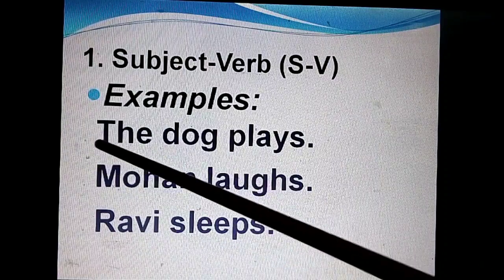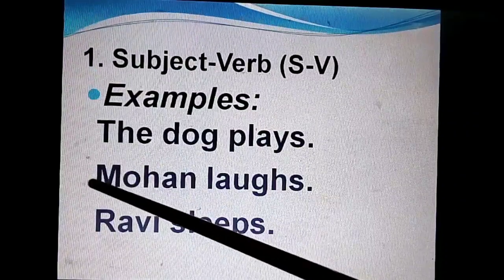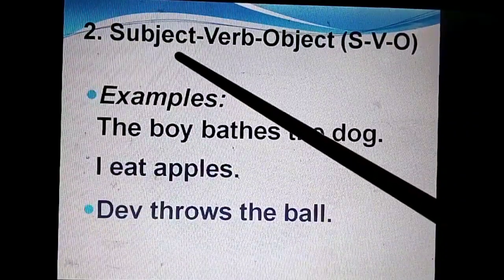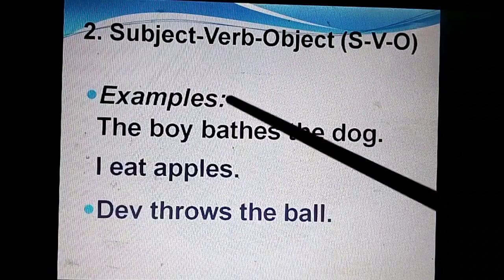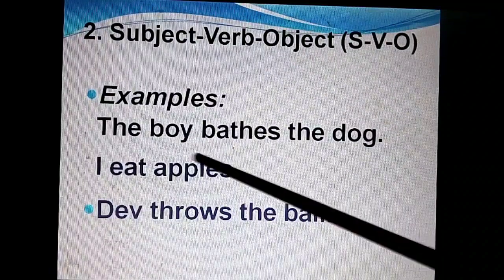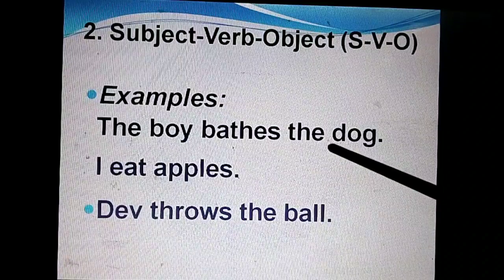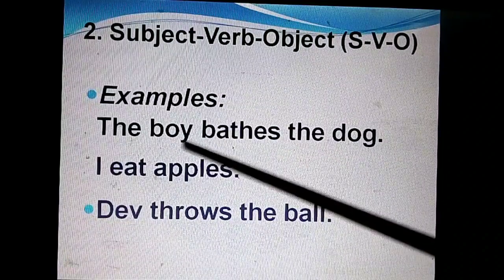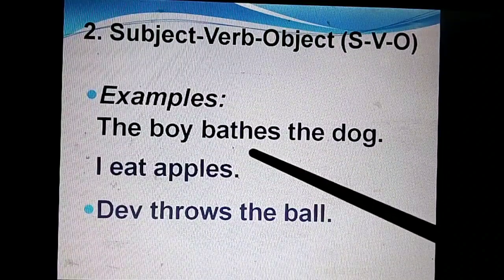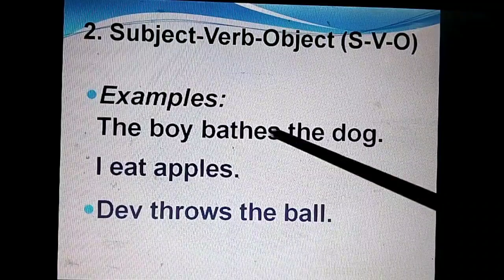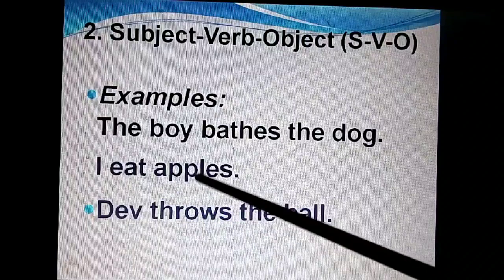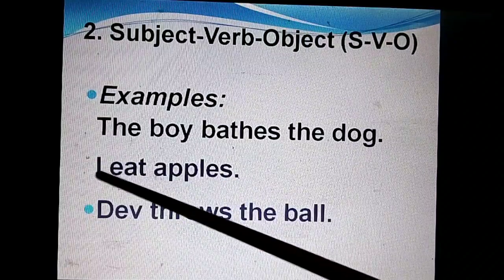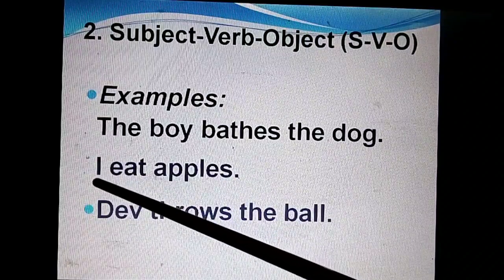So let us move on to the second one, subject verb object, SVO. Examples: the boy bathes the dog. The boy subject, bathes verb, the dog object. So SVO. I eat apples. Here the pronoun is used in place of noun.